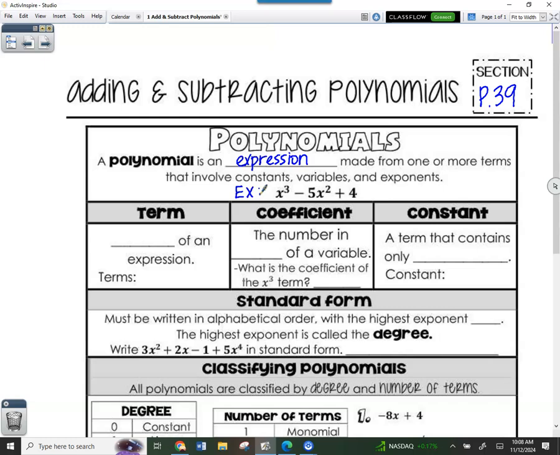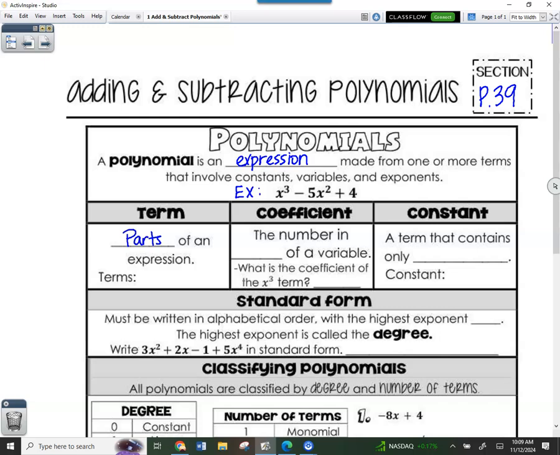Variables, you already know, are when it's a letter in the expression, right? And it's called a variable because it varies in value, because numbers get plugged in for x. Y'all know that. Term is parts of an expression. Parts of an expression. If I'm writing, you should be writing.